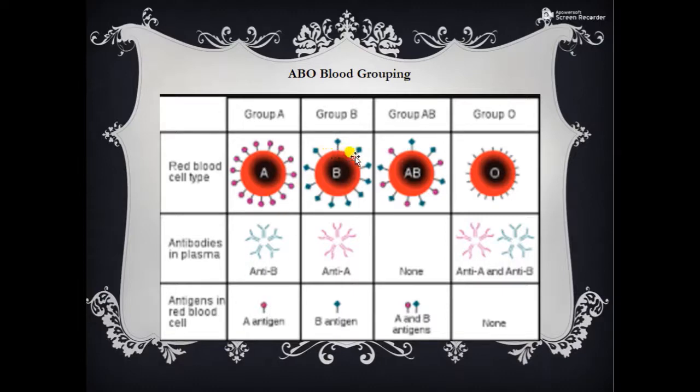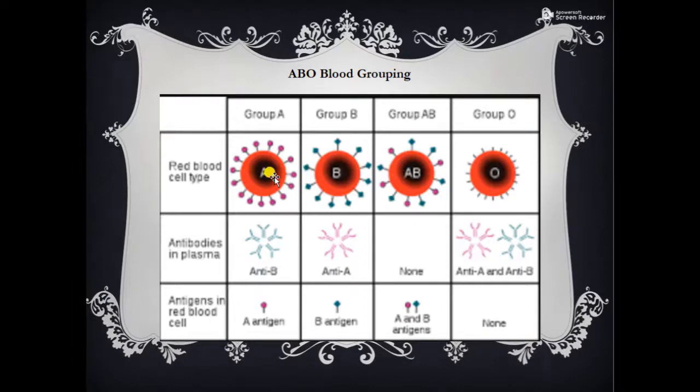And if you have a galactose residue on the terminal of the H antigen, then it will constitute the B antigen. So this is the basis of difference of the different blood groups. When both A antigens as well as B antigens are present on the H antigens of the RBC, you form the AB blood group.